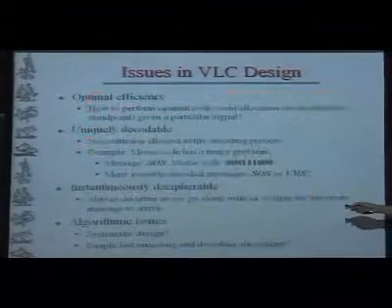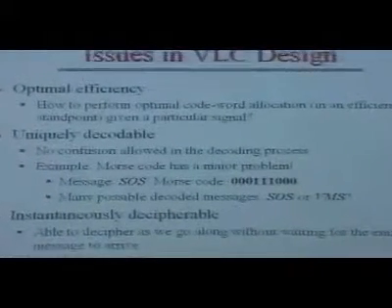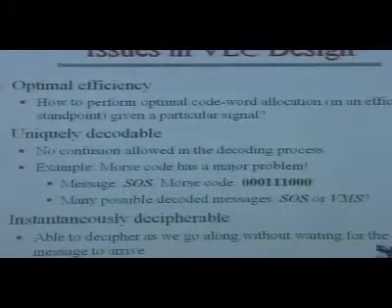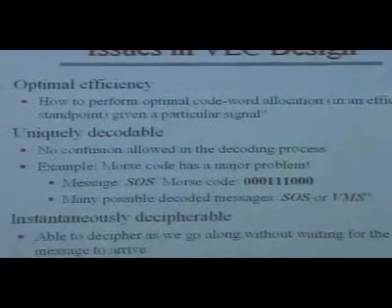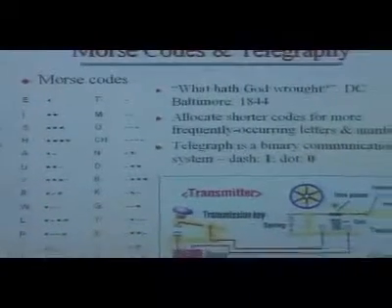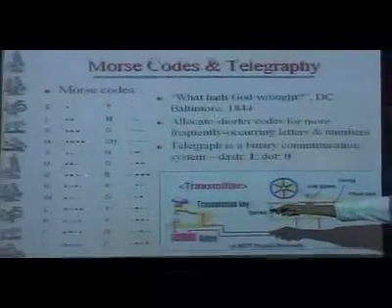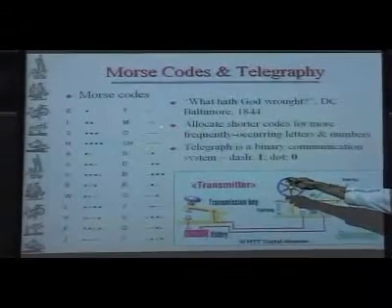Now, the Morse code for SOS is this, but there are actually several different ways to decode this message. It might be SOS or it might be BMS, okay? Because B, do I have B here? Yeah, B is dot, dot, dot, dash, okay? And then M is dash, dash, okay?